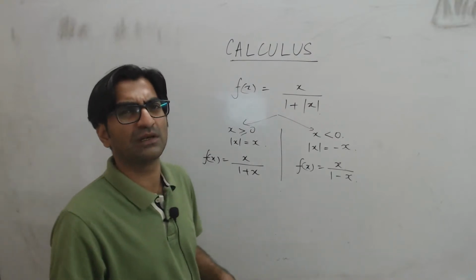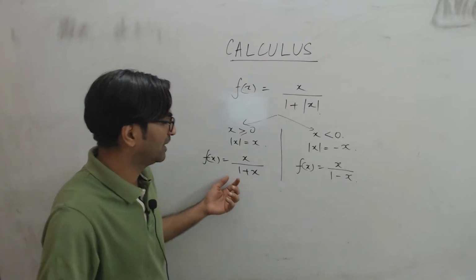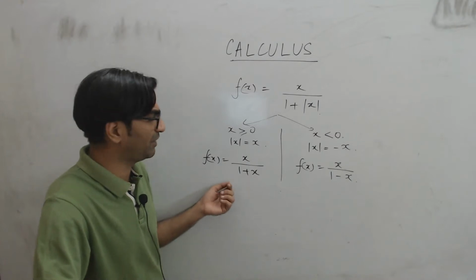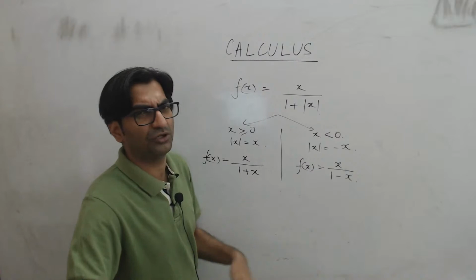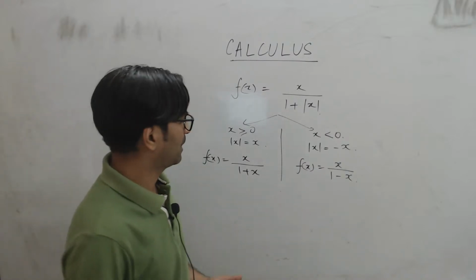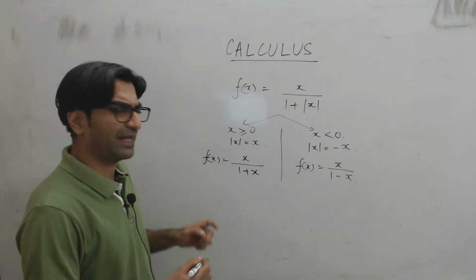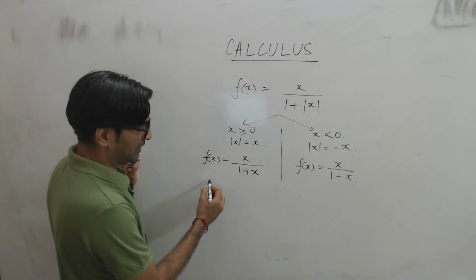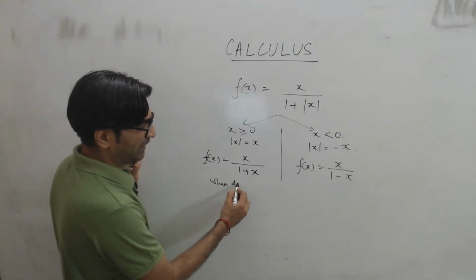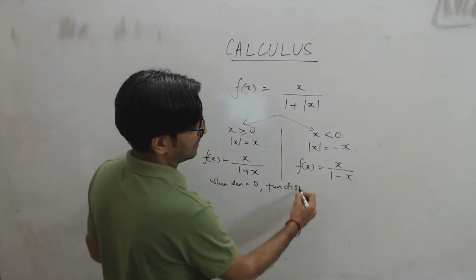Where will the expression not have a value? Because if the function exists everywhere, anything expressed like this is usually differentiable everywhere. So does the function value exist everywhere? The moment you ask yourself that question, you'll figure out that when the denominator is equal to 0, the function will not exist.